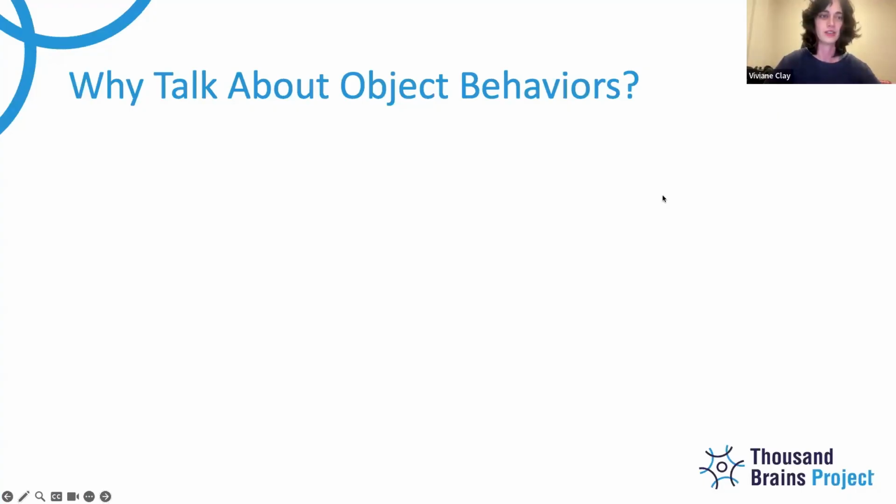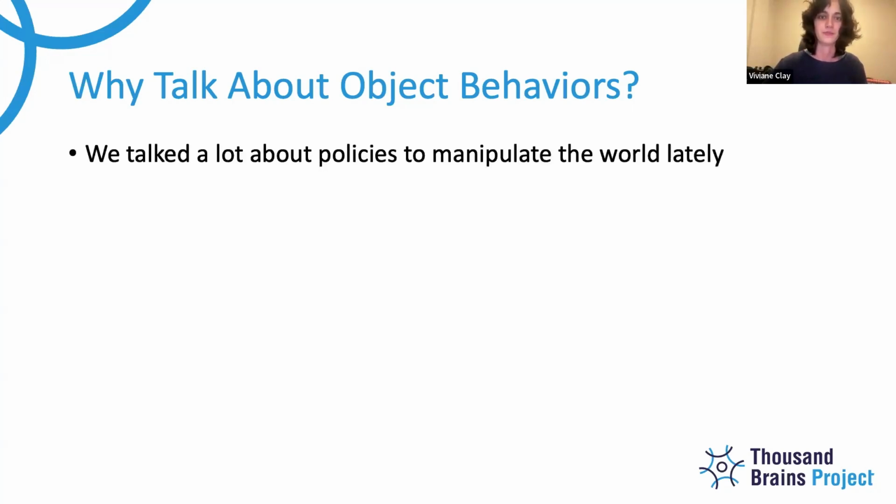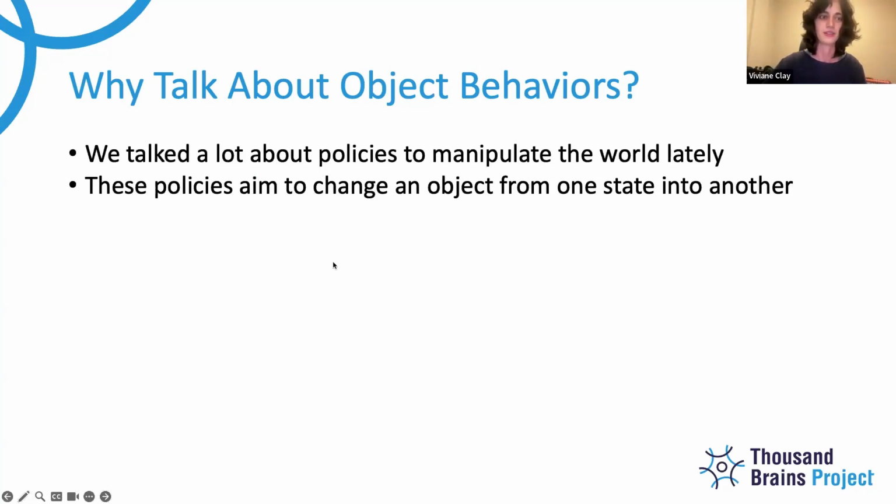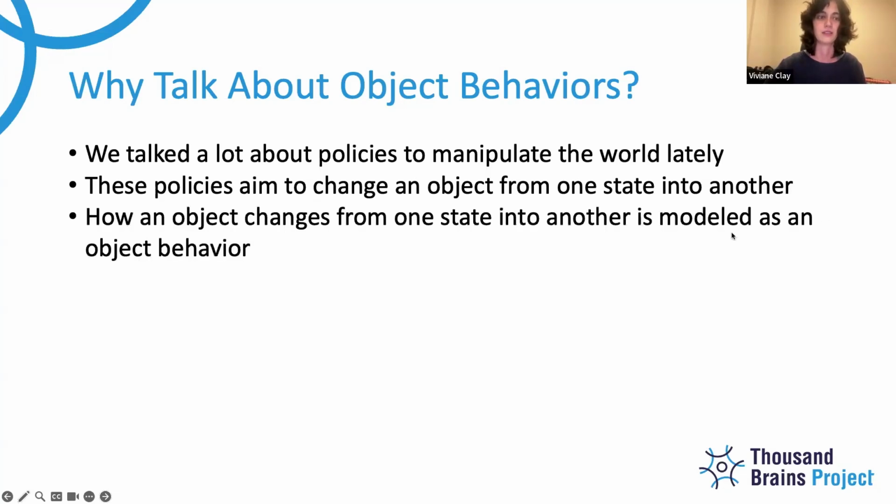So why talk about object behaviors if in the last weeks we talked more about policies, decomposing policies, and goal states? I think all these policies we talked about aim to change an object from one state into another, or aim to change the world from one state into another.